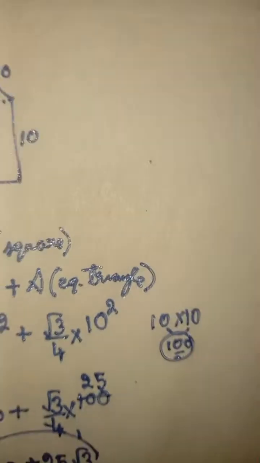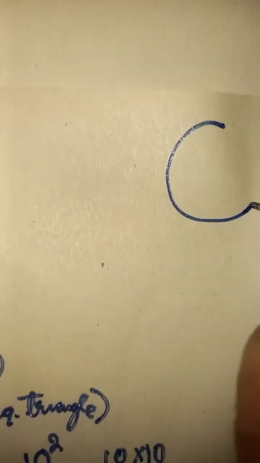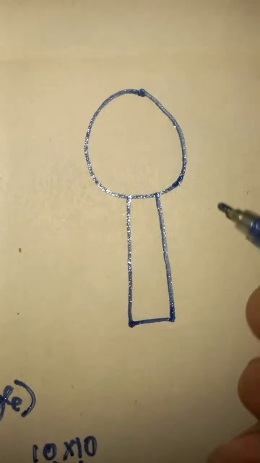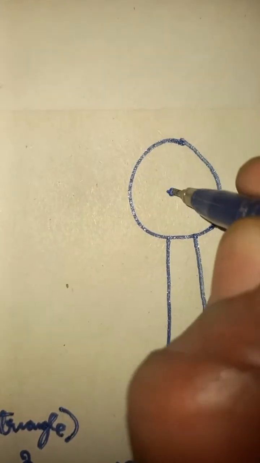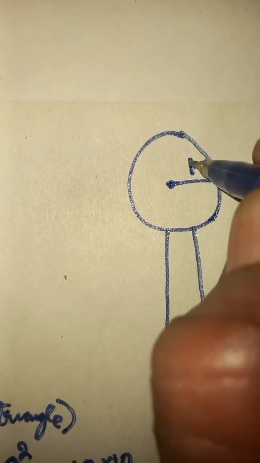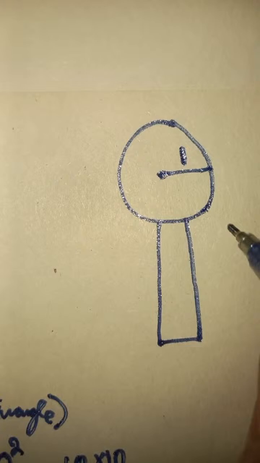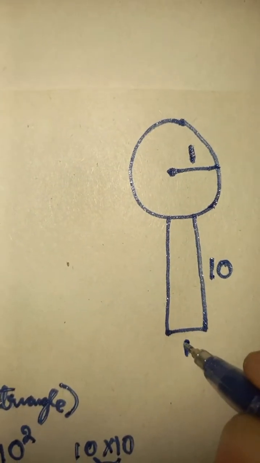Let's take the next shape. The next compact shape is this one, the shape of a lollipop. They have given the radius of the circle as 1 unit, and the rectangle below the lollipop is 10 units long and 1 unit wide.